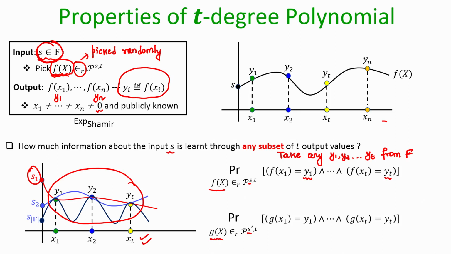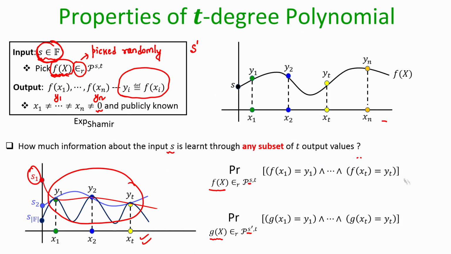That means it does not matter whether my input is s or s prime. If I just focus on any subset of t output values generated in the experiment, with equal probability those t output values could have been generated from the input s or from the input s prime. You cannot pinpoint, just based on the t output y values, whether you are seeing the output of the experiment run with input s or with input s prime. So, let us formally prove this.